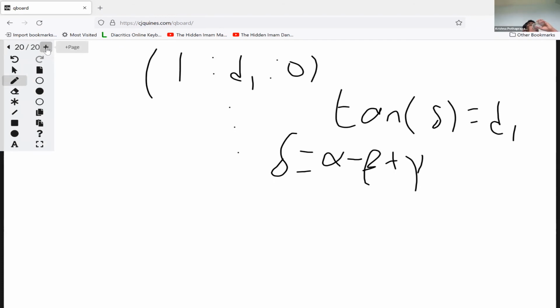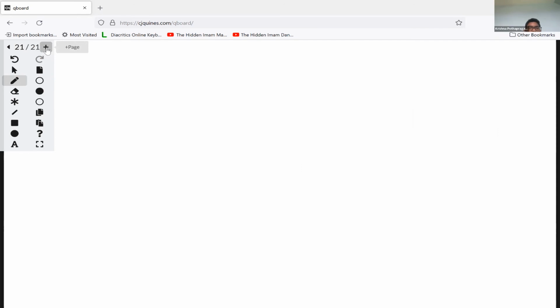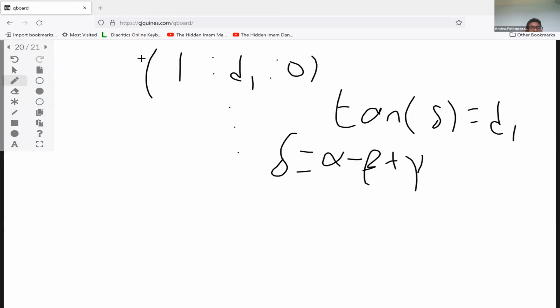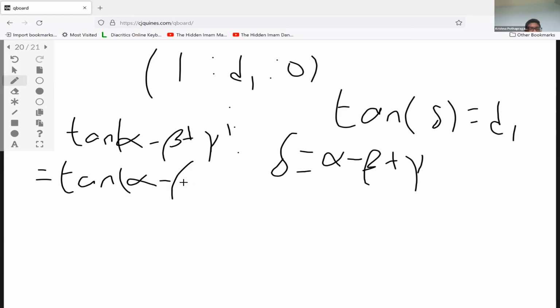And then we can do tangent things. Tangent of delta is tangent of alpha minus beta plus gamma. We can write this in terms of tangent of alpha, tangent of beta, tangent of gamma. And that'll be very fun.